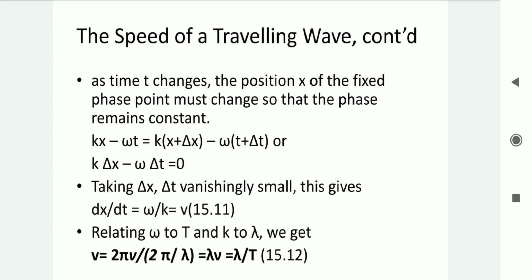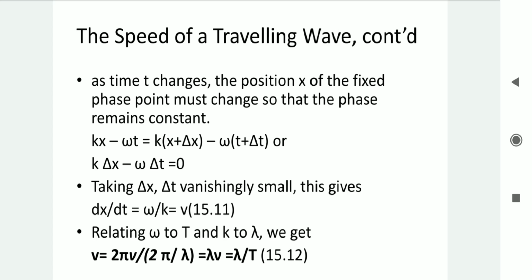So this is the speed function for progressive waves. The time period for one full oscillation of the constituents of the medium is the time in which the wave pattern travels a distance equal to the wavelength of the wave.